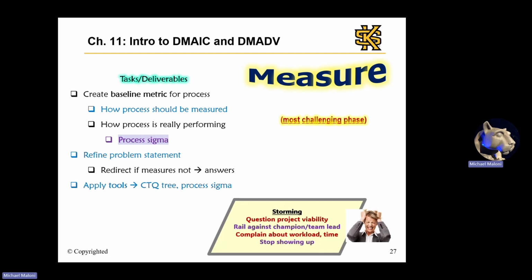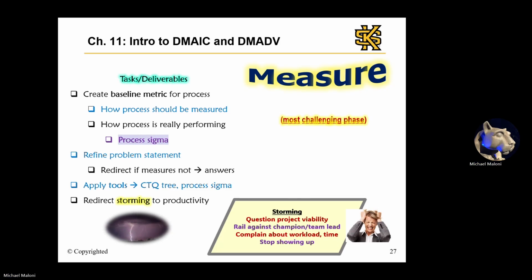A good leader can recognize storming and redirect that energy into productivity and progress. Again, the text calls measure the most challenging step, meaning that projects can just fall apart in this step.